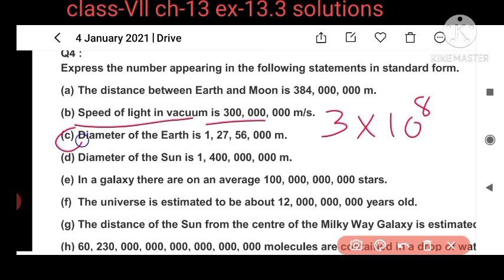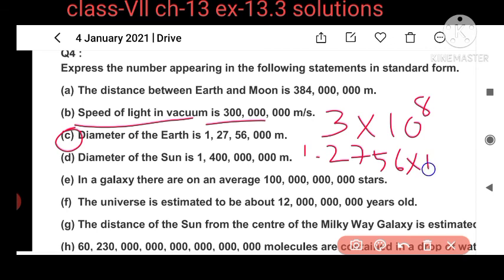Now next one, C, is given: diameter of earth. The diameter of earth is given as 12756000 meter, isn't it? So we have to write this in exponential form. You will write 1.2756. After that zeros are there, so we are not going to write those 0s.